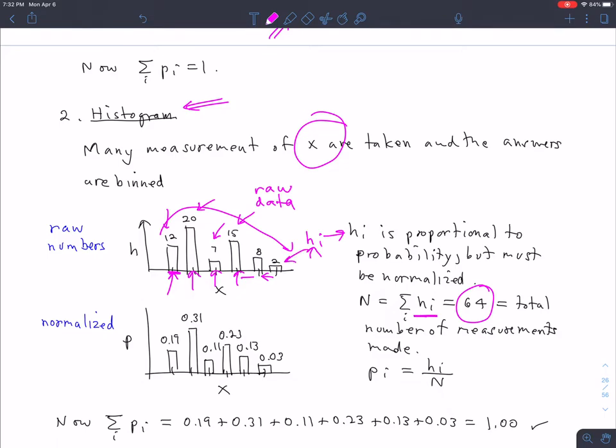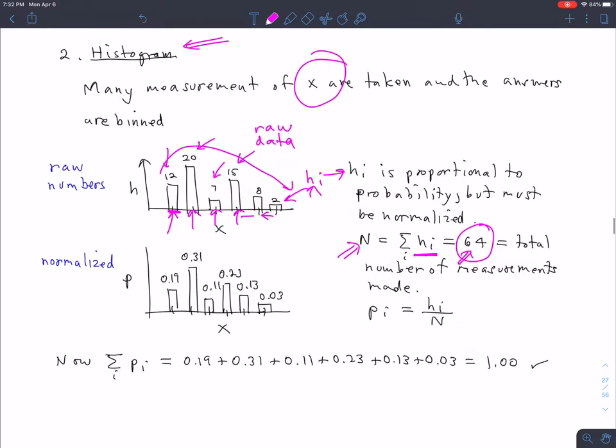If I add up all those h sub i's, that is the number of measurements that I took, which in this case is 64, but it's also the normalization factor in this case. So now I divide all these bars by 64, and I get proper probabilities. So about 20% in this case, about 30% for that one, 11% for that one, 23%, and so on. And now if I add up all those guys, I am going to get 1. And in fact, here they all are, all added up, and indeed you do get 1.